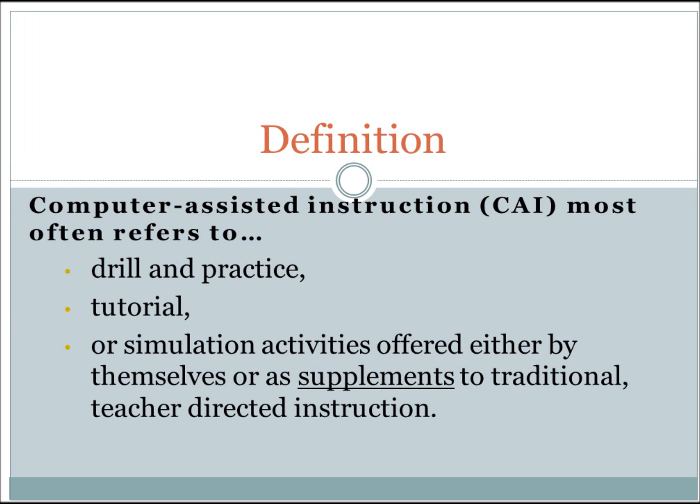We define Computer Assisted Instruction as a strategy that involves drill and practice, a tutorial, or a simulation of activities that allow for that extensive drill and practice. And it's supplemental to our core curriculum.